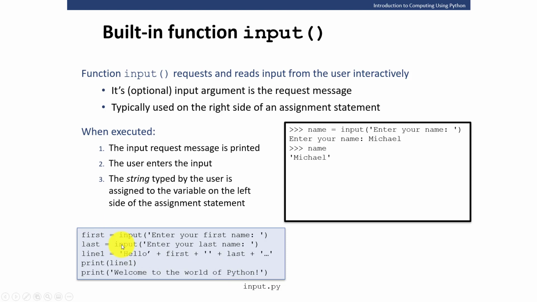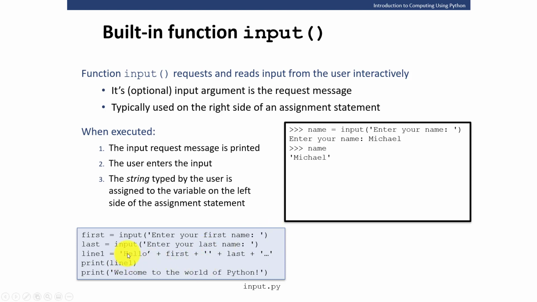and then print hello to the world of Python. So I have to use the function input here, and I can use this optional message to tell the user to please enter your first name. When this line is executed, the next line will never be executed unless the user inputs something, otherwise the program will not go to the second line.